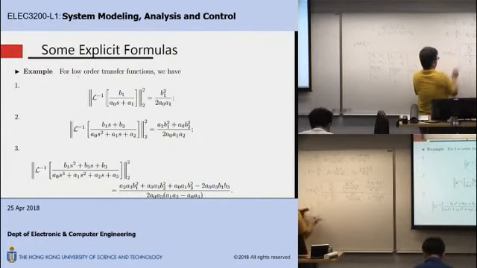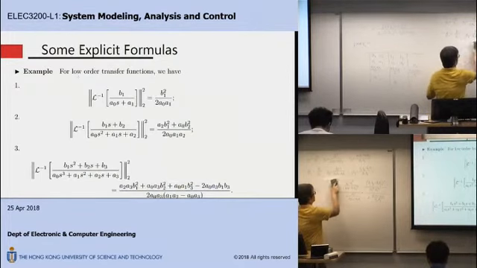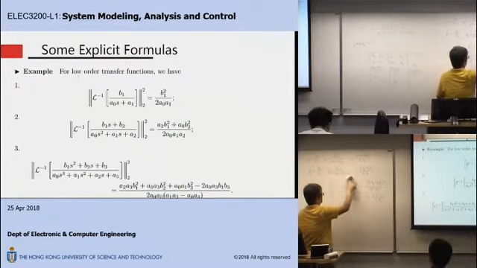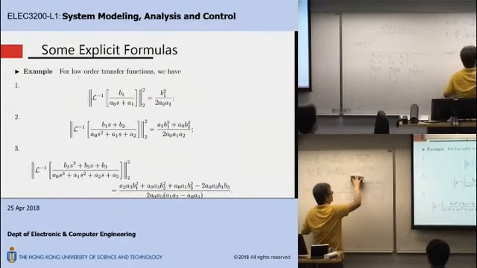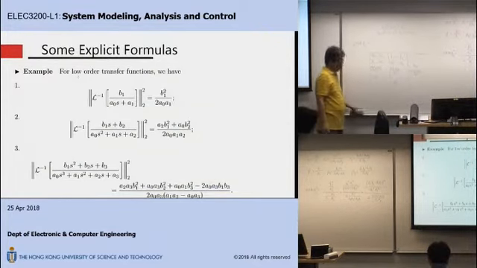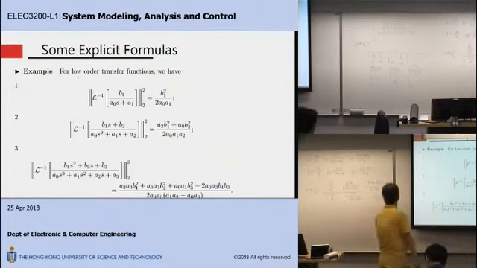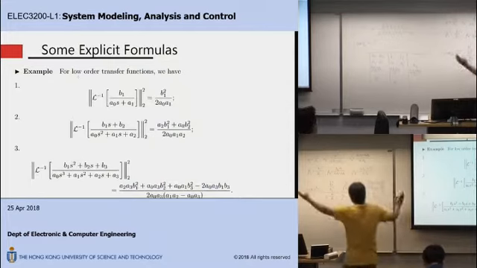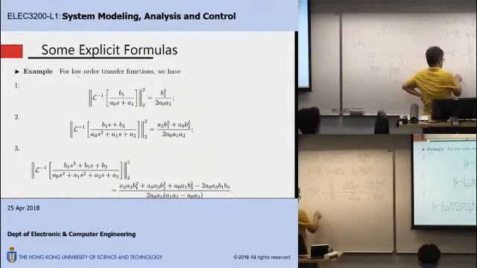I put a square on this side, so I can remove the square root. In order to add all these 3 terms together, I need to find the common denominator.